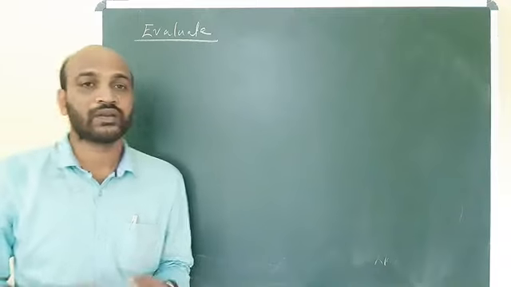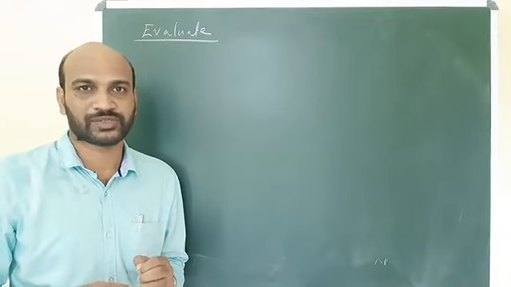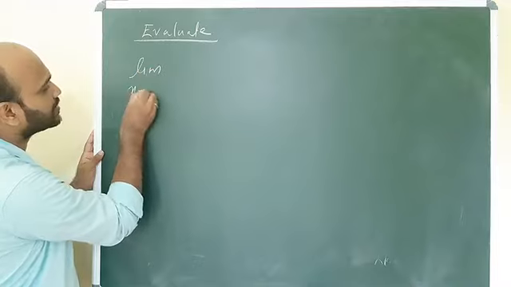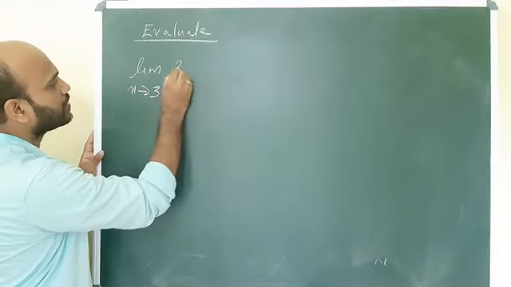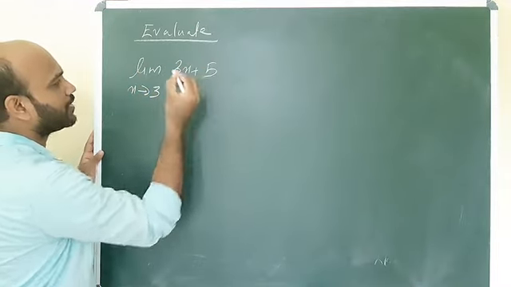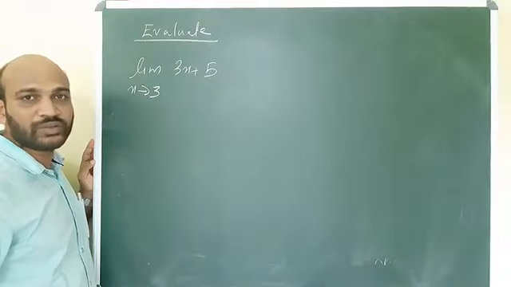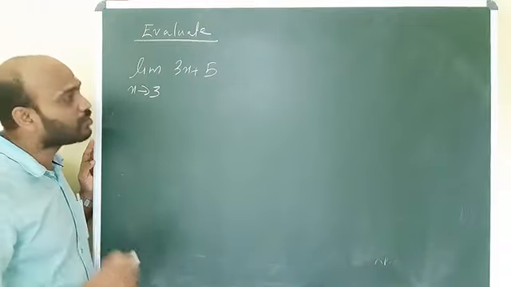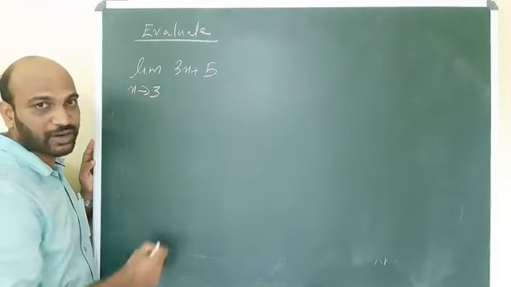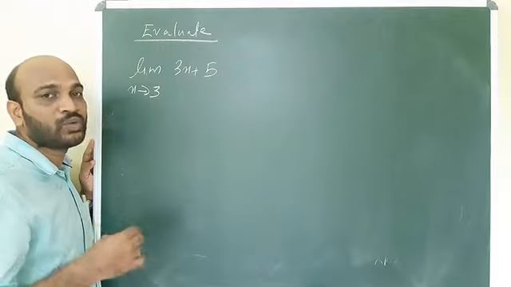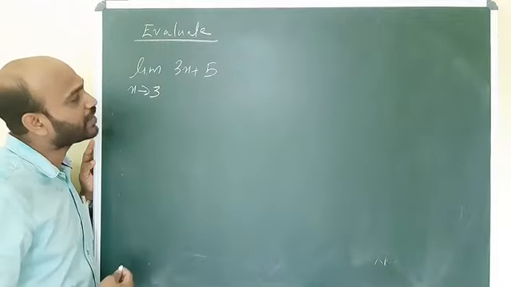Okay, now we can do some problems. First one, evaluate limit x tends to 3 of 3x plus 5. It means when x takes values very near to 3, we want to find the value of 3x plus 5. We want to find which number 3x plus 5 takes values very near to. How can we find it?